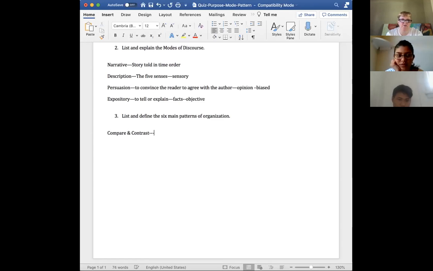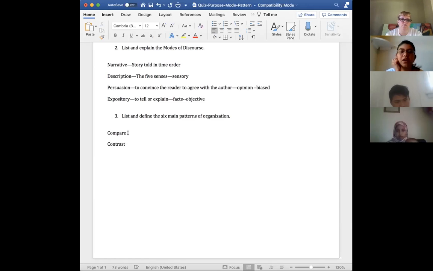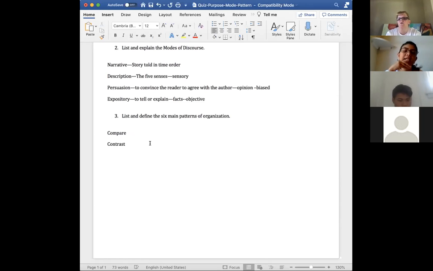Yep. And what are you doing when you're comparing and contrasting? And you know what? These are actually two. So I'm going to say compare and then contrast. And then I've got causes and effect. Yes, but let's define, what does it mean when you compare? When we're using the compare pattern of organization, what are authors doing?